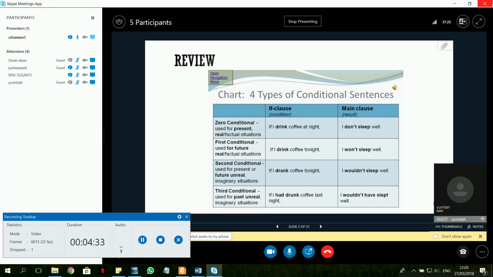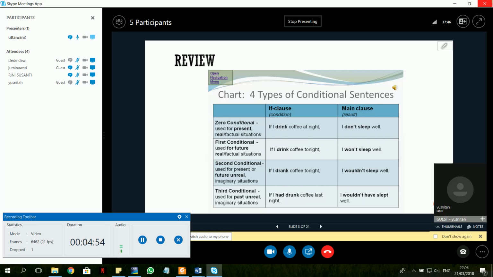I think it is very important for you to review a little bit about this chapter to give you a vivid description about the conditional sentences. Okay, now let's get started.